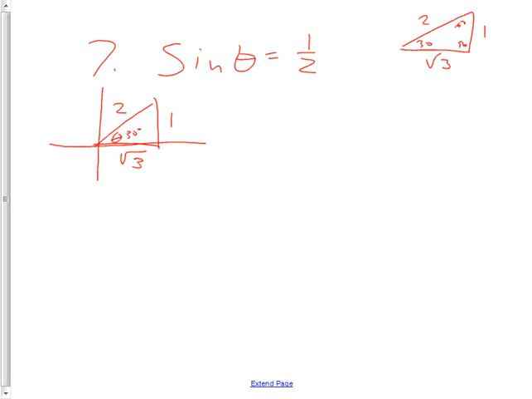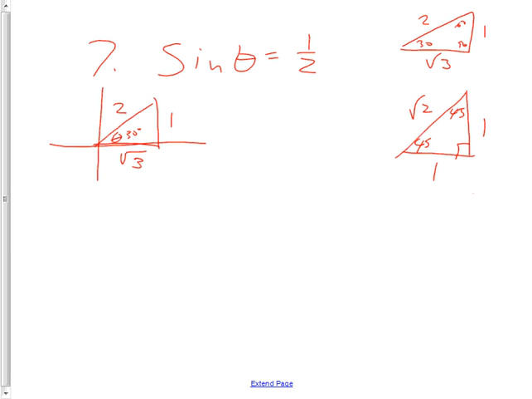How about the other one that goes with that? 45, 45, good. And that's 1, 1, square root of 2. I'd make sure I had that memorized. And then was there one more way they sometimes do that 45, 45 triangle? They multiply them all by root 2.